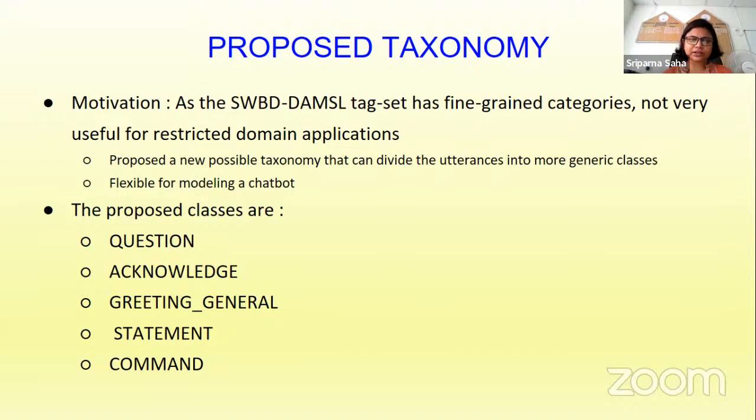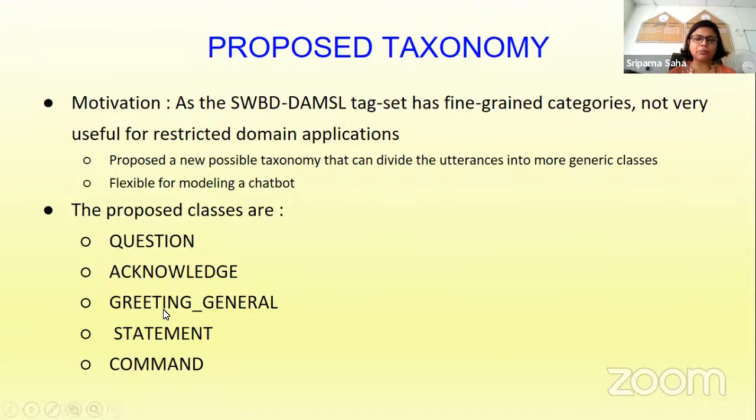The Switchboard tag set has fine-grained categories, which are not very useful for restricted domain applications. So we developed our own taxonomy that can divide the utterances into more generic classes, a kind of tree-like structure. We merged some of the fine-grained classes and mapped them to a coarse-grained class, so that we do not have to deal with 42 different categories.